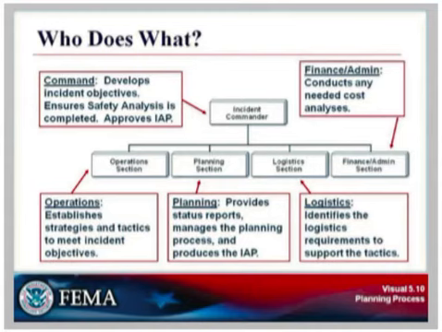The finance and admin section chief provides cost implications of incident objectives as required, ensures that the incident action plan is written within the financial limits established by the incident commander, and evaluates facilities, transportation assets, and other contracted services to determine if any special contract arrangements are needed.